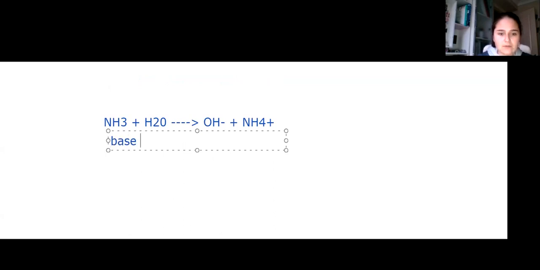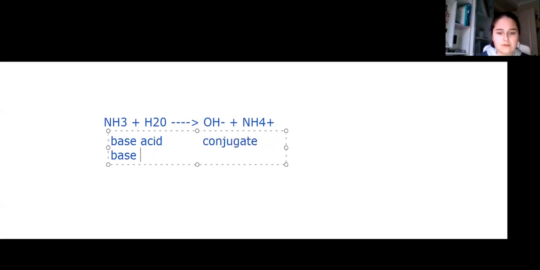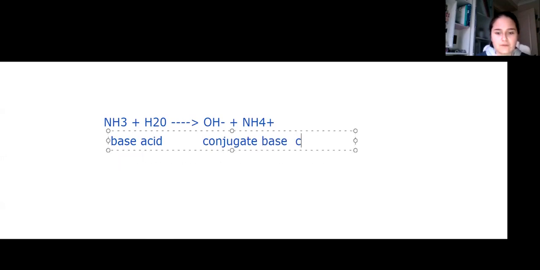And then this is acid. Yeah, I agree. So what's going to be our hydroxide? Our water is an acid, our hydroxide is a base, a conjugate base. And then that means the other one's going to be our conjugate acid. Perfect. You got the hang of it.